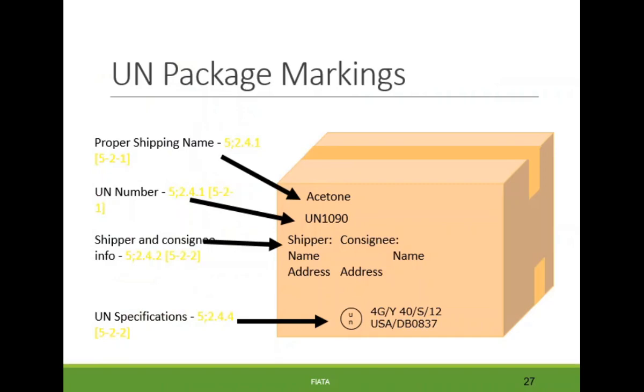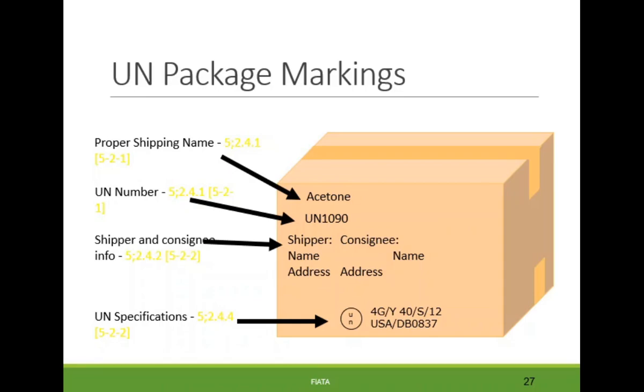So a typical United Nations package marking will look like what is on this screen. The package must have proper shipping name, which is stated here, acetone. It must have United Nations substance identification number. Here it is UN 1090.